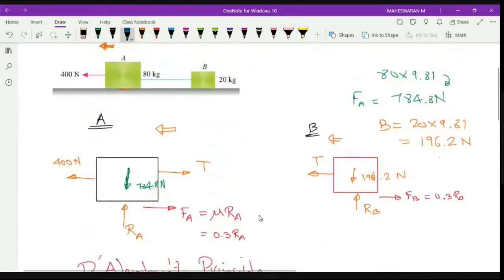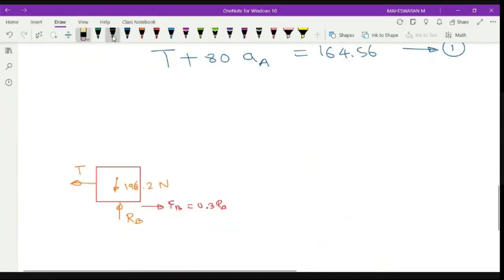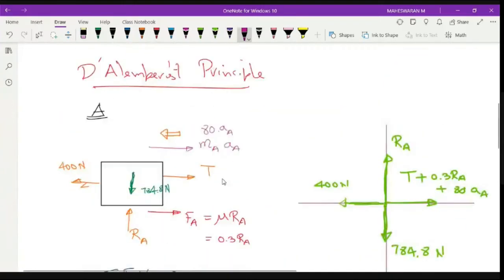We completed this block A, so everything in block A is over, right? The only thing is I have to concentrate on block B now. So I am going to add one more force opposite to the direction of motion, and that force is mB into aB. What is my mB?